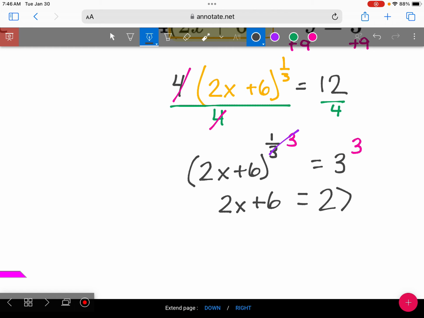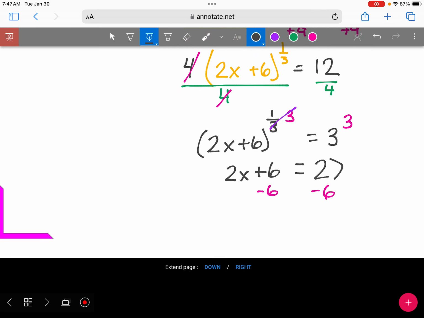So what are we going to do next? Minus 6. Well, that's a choice, but that's okay. I made a choice. So we have our 2x equals 21.